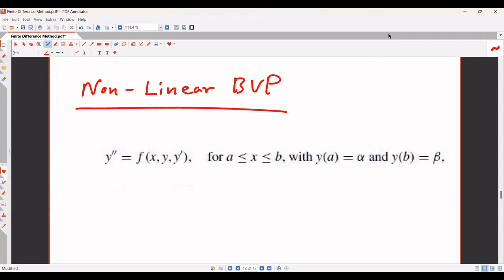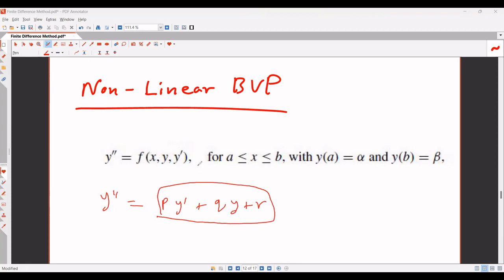Here, in the previous case, we wrote y double prime equals some p times y prime. P is a function, of course, of x, plus q times y plus r, right? But here we do not have the luxury to write the expression on the right hand side in this form, because the right hand side may be of non-linear structure, and there are infinitely many ways you can have non-linear structure.